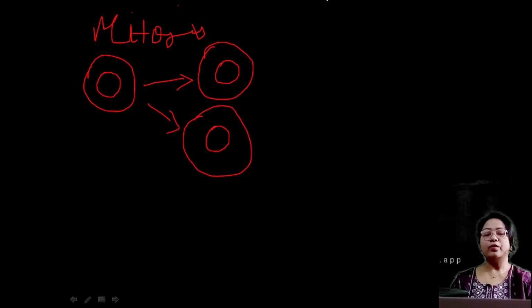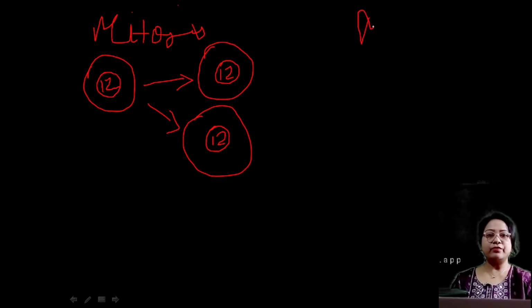What we mean by mitosis is that the number of chromosomes in the parent cell will be divided exactly into the two daughter cells. If I consider 12 chromosomes in the parent cell, the daughter cells will also have 12 and 12 chromosomes inside the nucleus.